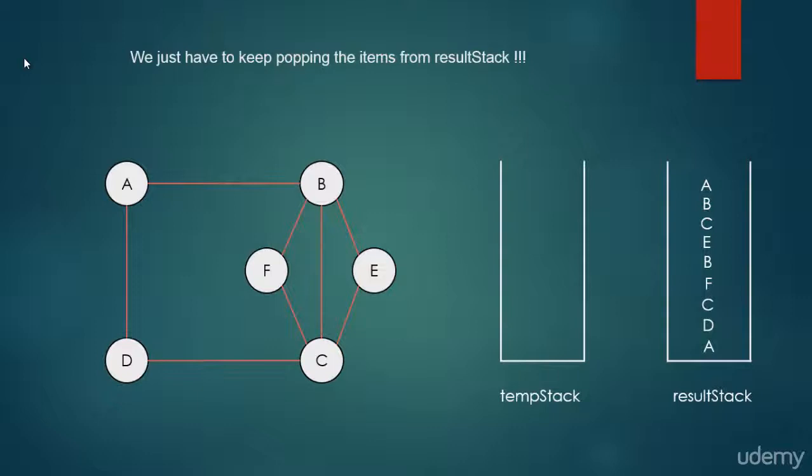So we just have to keep popping the items from the result stack, as I said earlier, and because A is the first element and then B, the edge between A and B will be the first edge in our solution.